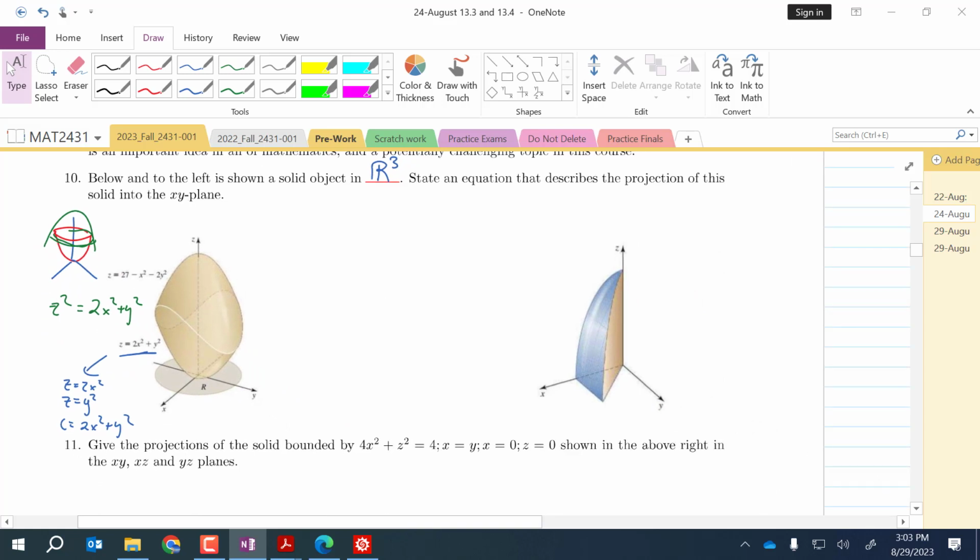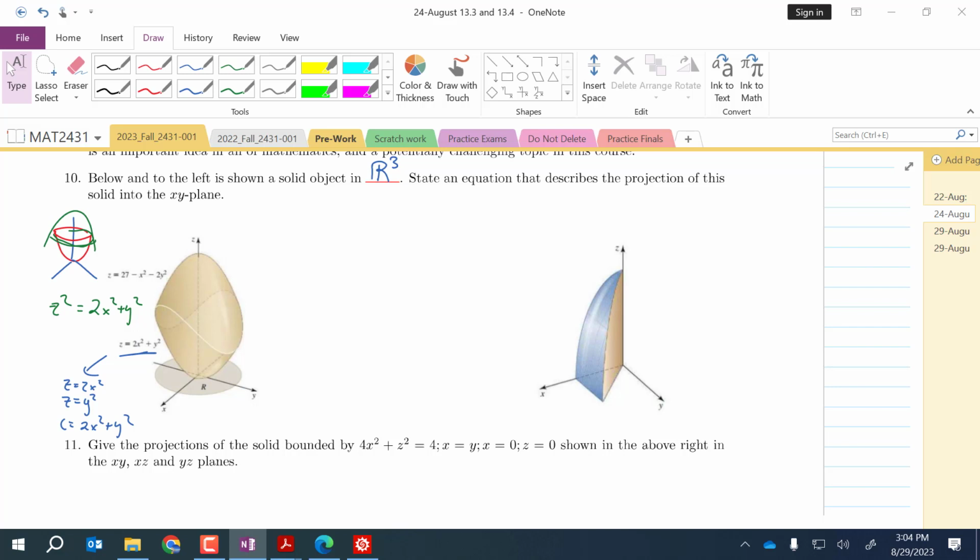Regardless, though, folks, I've got this surface. I want to talk about the projection of this surface into the xy plane. So here you can see I've sketched all of R3. Everyone see that? Where's the xy plane? It's down here, for the way I've oriented it. I want you to think about the word projection. Remember I said it was like projection day when the light passed through the film and it cast a shadow on the projection screen.